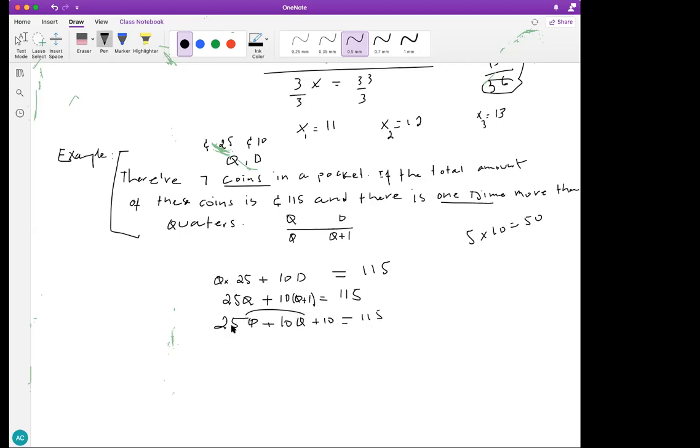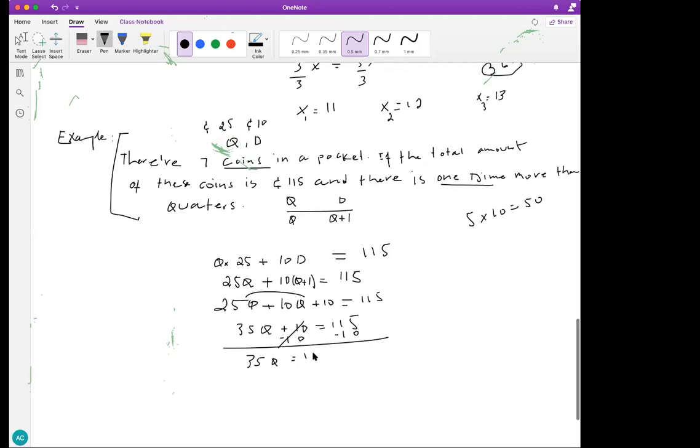Of course, combine like terms: 25 plus 10, that's 35Q, or 35 quarters plus 10, equals 115. Then subtract 10 from both sides. So 35 quarters is 105. What is the final step to find Q?